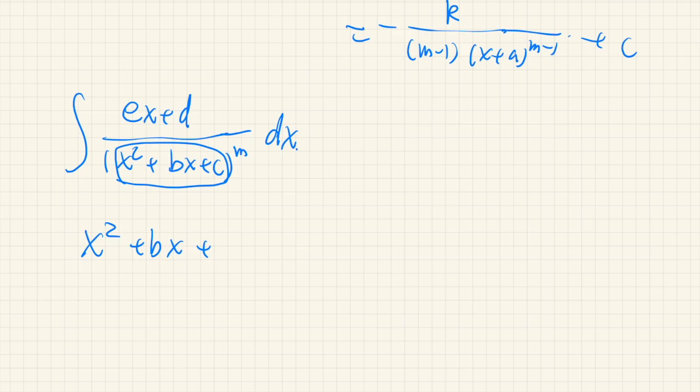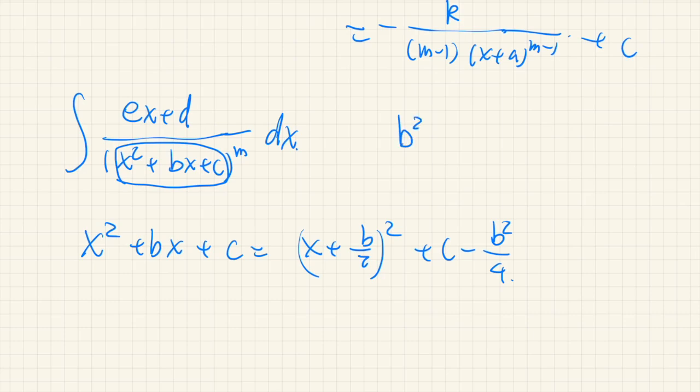x squared plus bx plus c, so that is (x plus b over 2) squared plus c minus b squared over 4. But be careful that we have a condition that b squared minus 4c is negative.